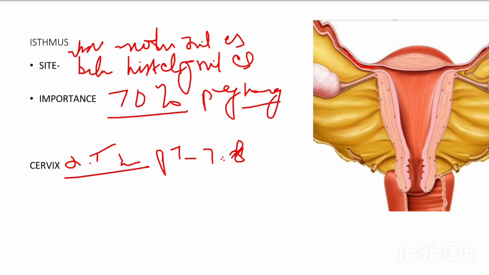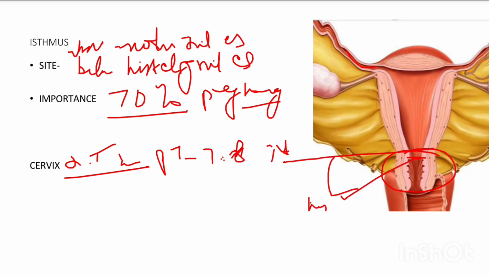Only the posterior surface has a peritoneal coat. It contains fibrous connective tissue. This part is the cervix. Okay. It extends from the histological internal os. See, this is the histological os. This is the internal os.